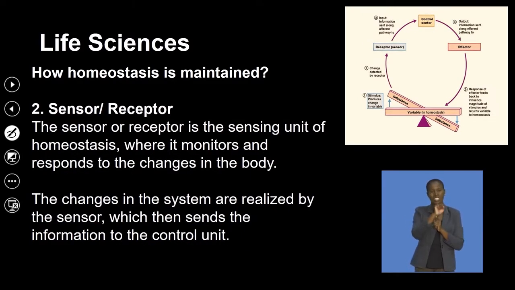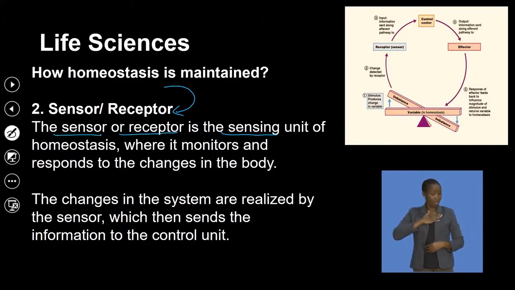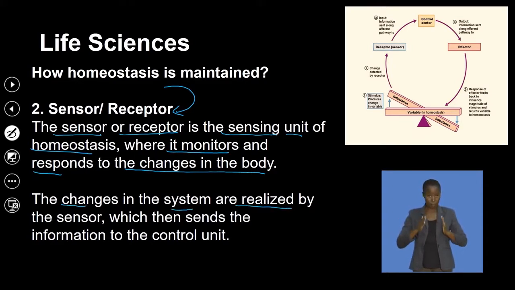This is followed by the stimulus being received by what we call receptors. A sensor or receptor identifies the change, monitors and responds to the change in the body. The changes in the system are detected by the sensor, which then sends the information to the control unit.